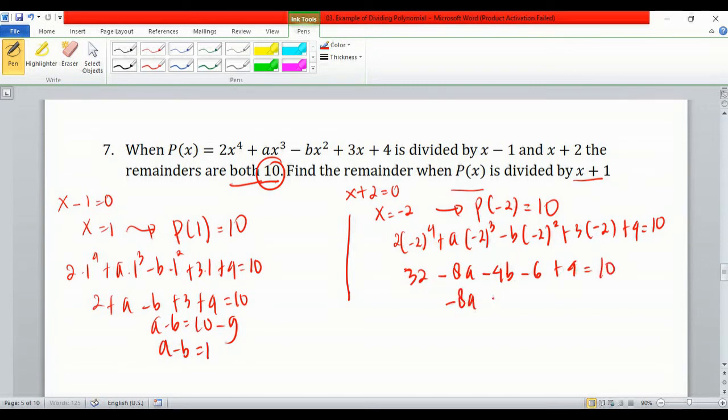Minus 8a minus 4b, and 32 minus 6 plus 4 is 30, so this is equal to minus 20, everyone. Okay, so from here, you have the first and then the second. You need to eliminate them to get the value of a and then the value of b.